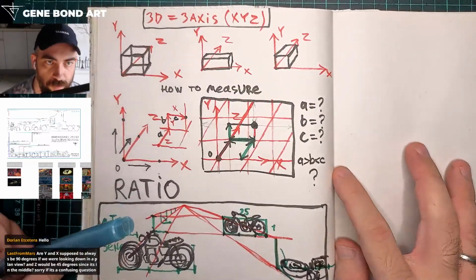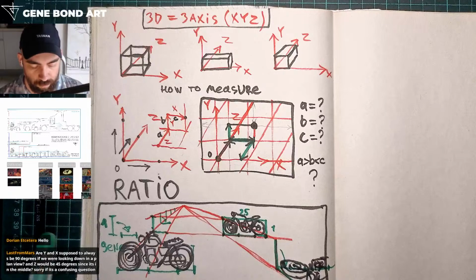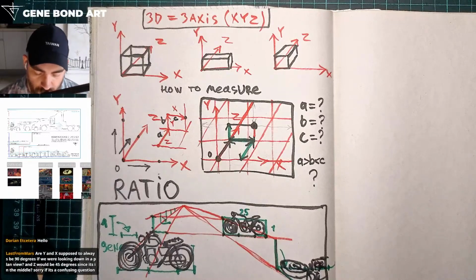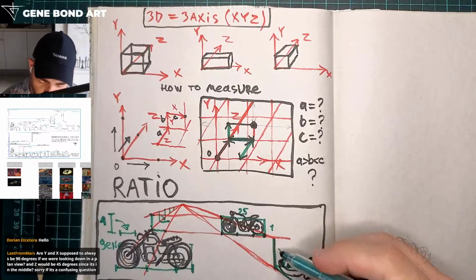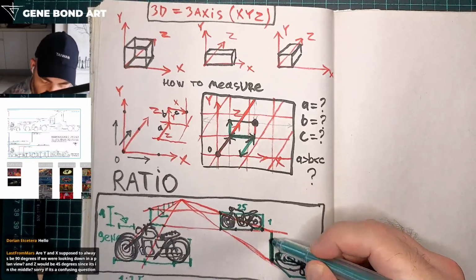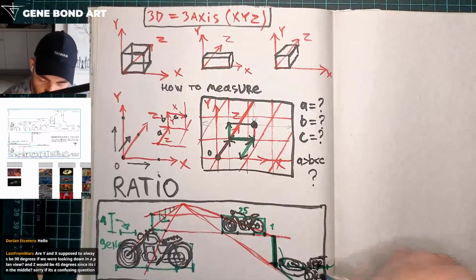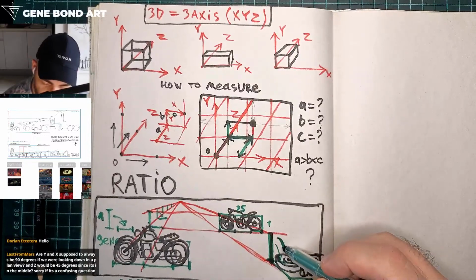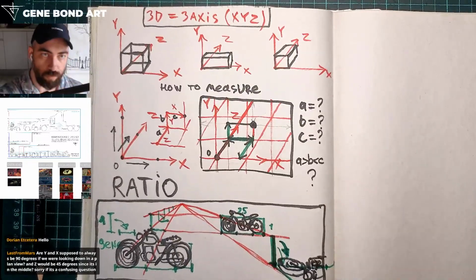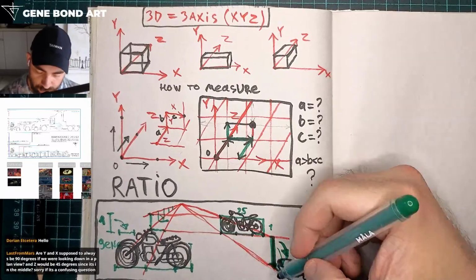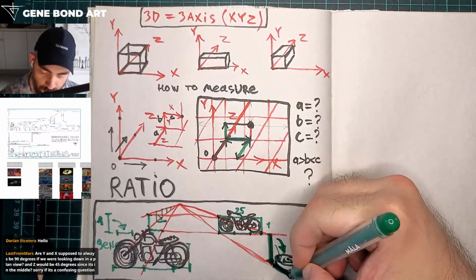Another secret, super secret, hidden secret. So here you can already notice what I did. We have this vertical measurement and I kind of dropped it to the front, right? So now it's leaning here on the ground.